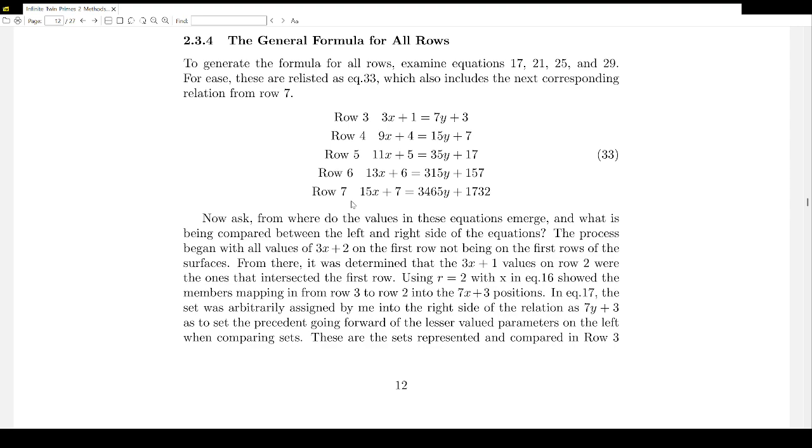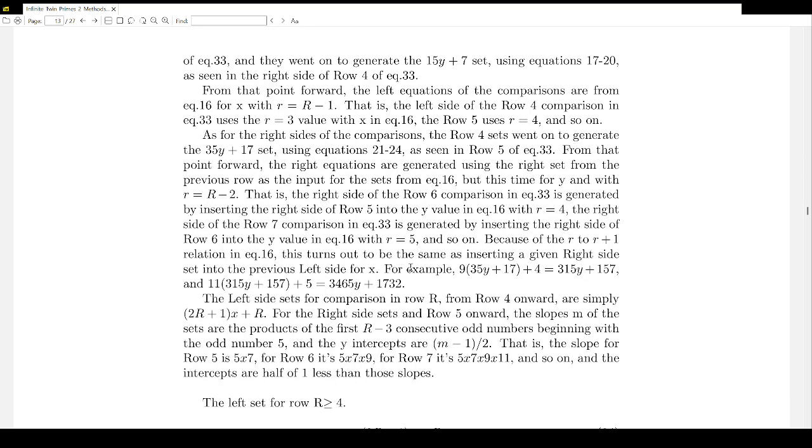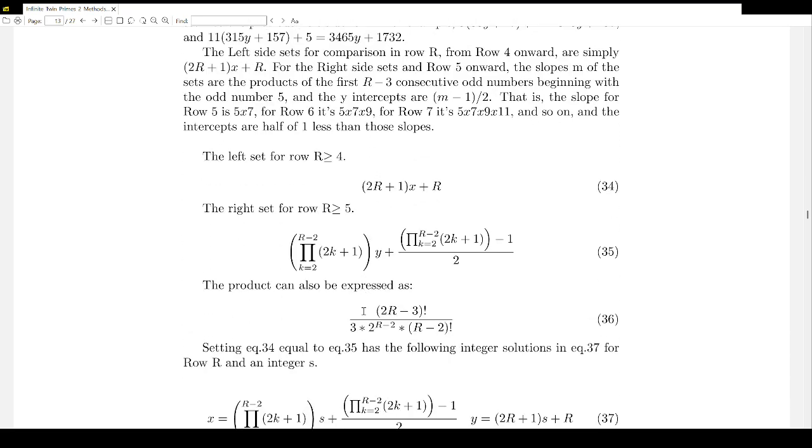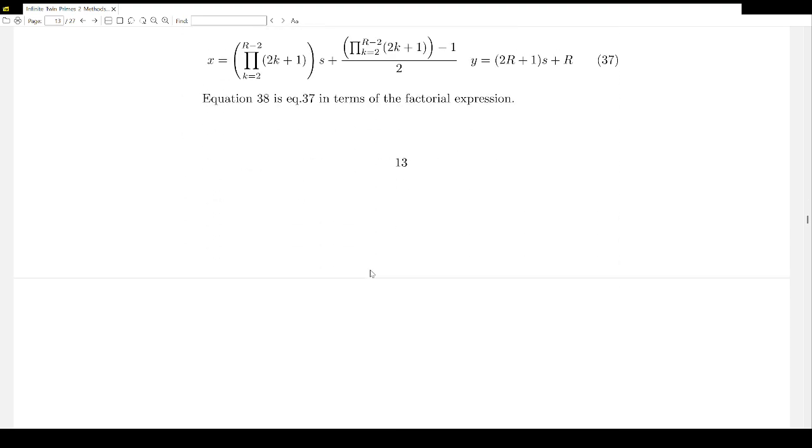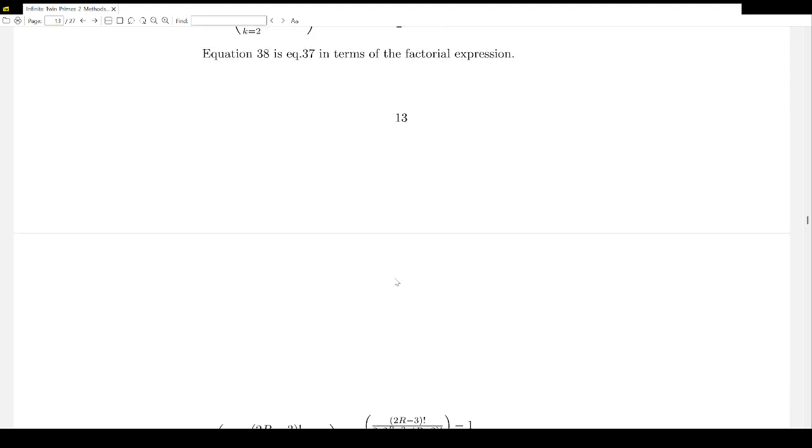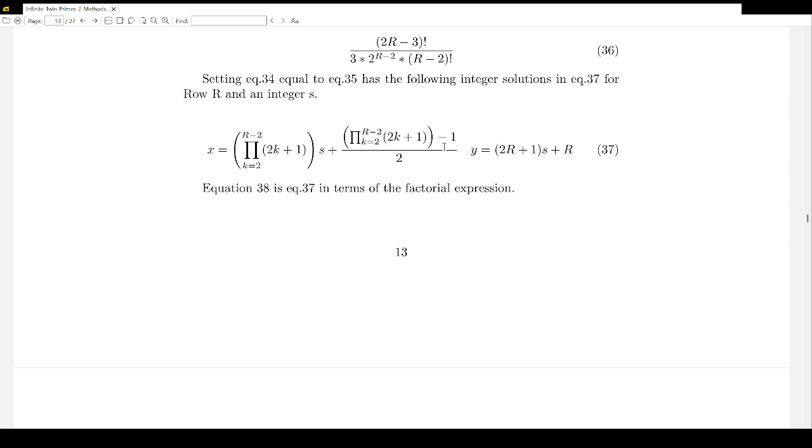Okay, R can go to infinity, right? But for any R that we choose, for any a million, a billion, up to infinity, we can always use this generating function with S here to find values that will not be in all the rows before it.